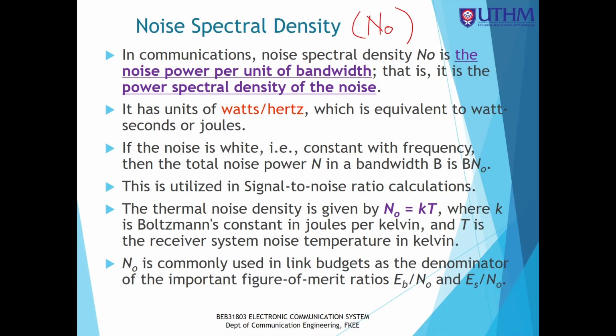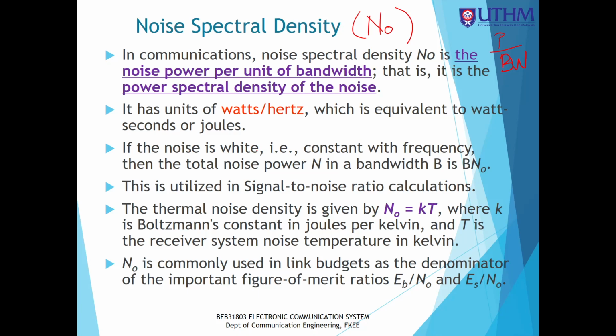So noise spectral density is the noise power per unit bandwidth. That means noise power divided by the bandwidth. The unit is watt per hertz.